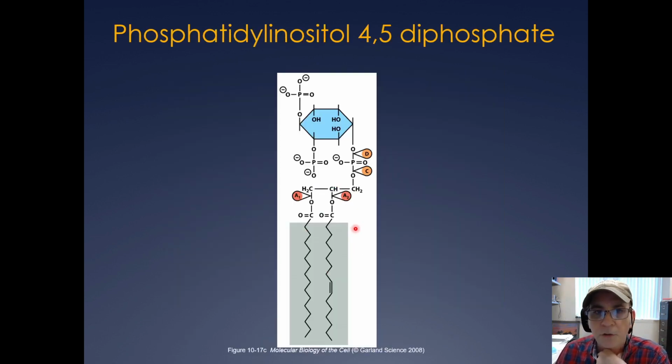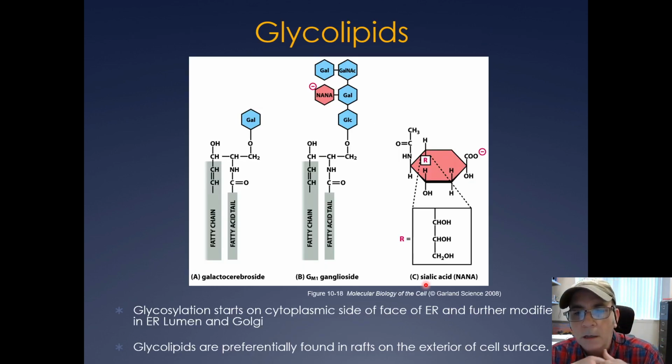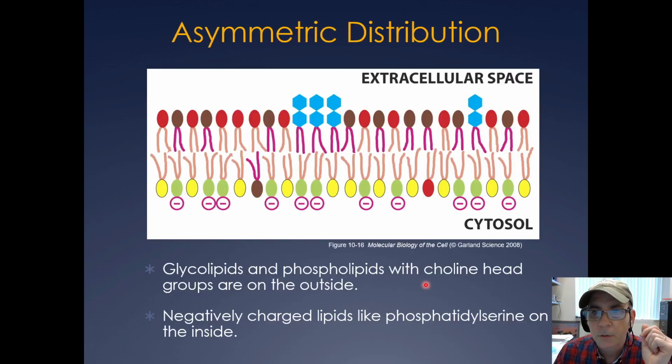So here's the chemical structure of phosphatidylinositol 4,5-bisphosphate. You have your inositol group, and then your phosphates, and then your glycerol here, and then your hydrocarbon tails. You can also get glycolipids, okay, and we saw those just a couple slides ago, right here, where you have these blue hexagons.